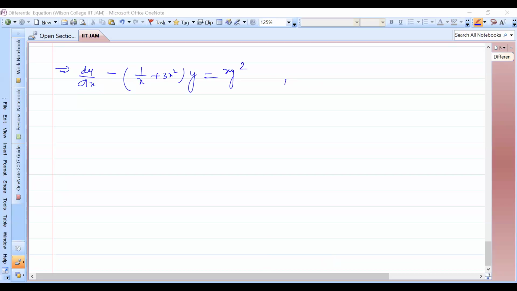Y is greater than 0, 0 is less than x is less than or equal to 1, and y of 1 is 3/2. So how to solve it?